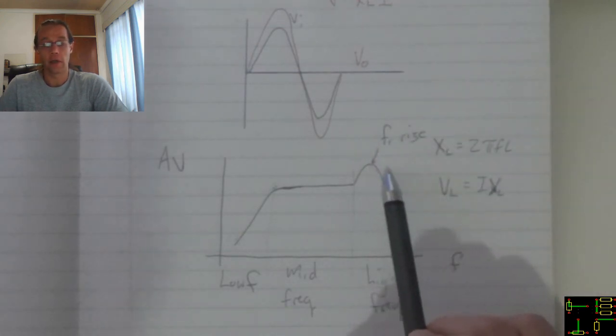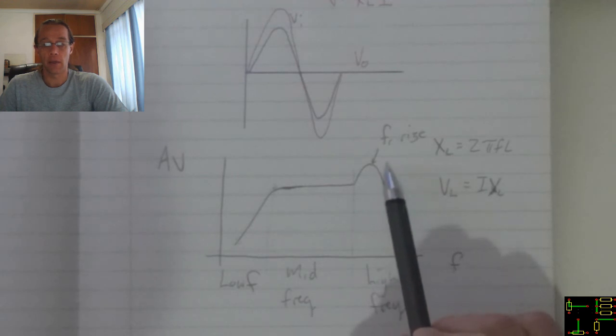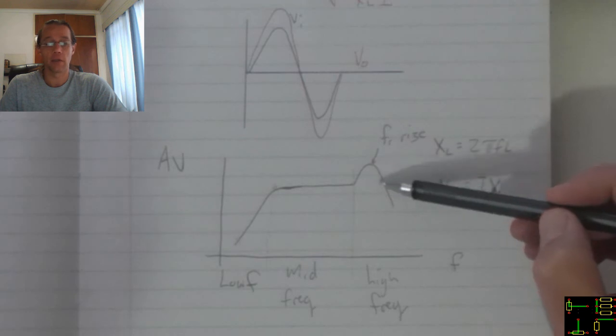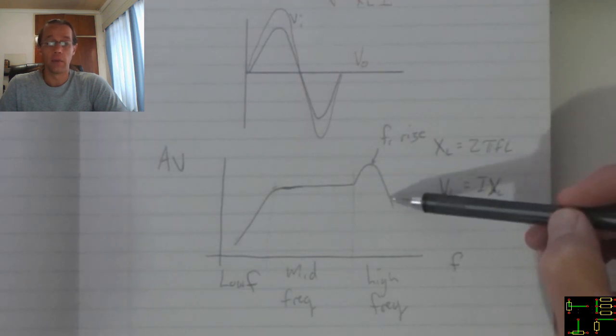As we pass that resonant frequency created by the apparent capacitance and the inductance, that apparent capacitance will form a bypass condenser.